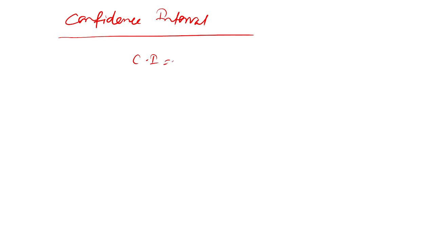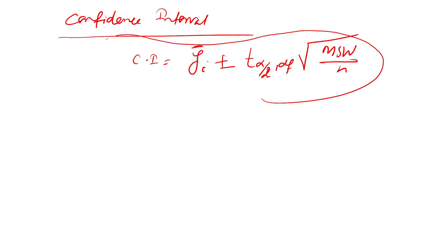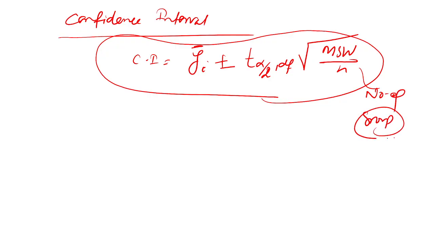So confidence interval, CI will become Y I bar plus minus T at alpha by 2 at degree of freedom into MSW by N. Okay, mean square error actually. N will be the number in the group. So we can calculate the confidence interval also.